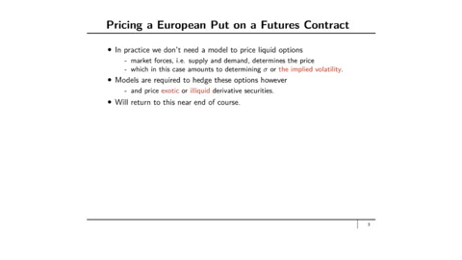It's worth making a point about how these models are used in practice. In practice, we don't need a model to price liquid options. Market forces, i.e. supply and demand, actually determine the price of options. In this case, this amounts to determining sigma, or the implied volatility.